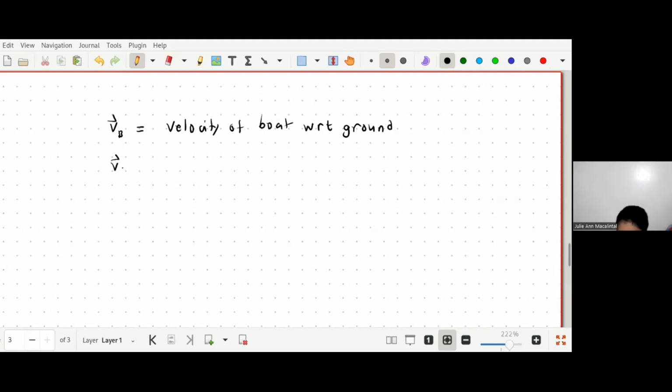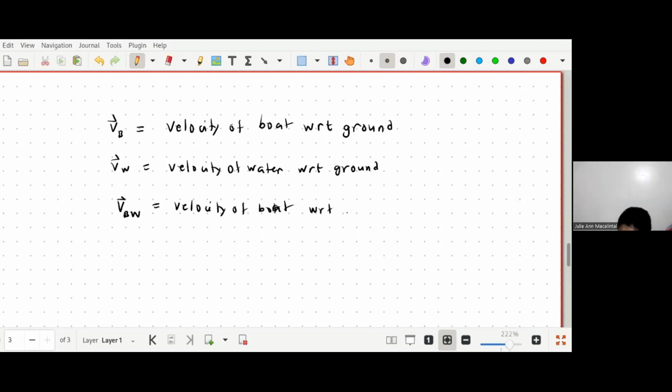V sub W is the velocity of the water with respect to the ground. V sub BW is the velocity of the boat with respect to the water. These are our definitions, at least for our notation.